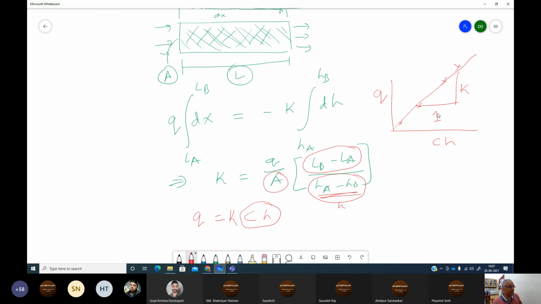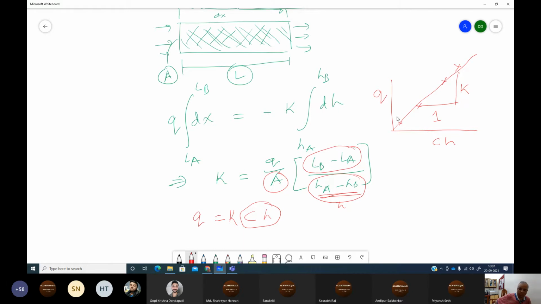And as we change the hydraulic head, Q will change. The quantity will be more. As the quantity increases, we will get a straight line like this. This becomes y equals mx, so this line will pass through the origin. Now if you have 3-4 points, I can draw a straight line, and the slope of the straight line is my hydraulic conductivity.